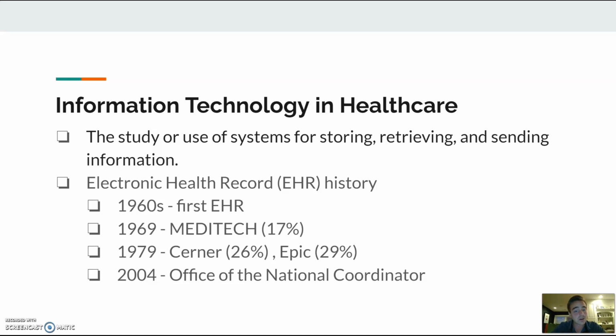And the ONC, Office of the National Coordinator, is still heavily involved and works very closely with some of the modernization of the VA, Department of Defense, and other areas of healthcare regulation across the world, and specifically the US.